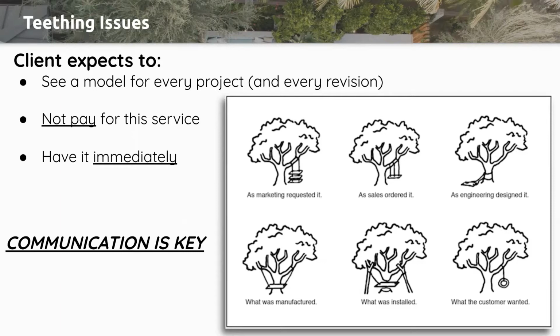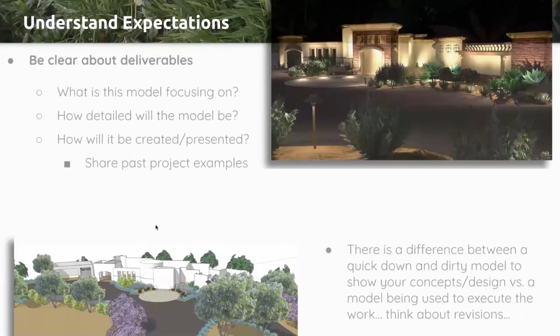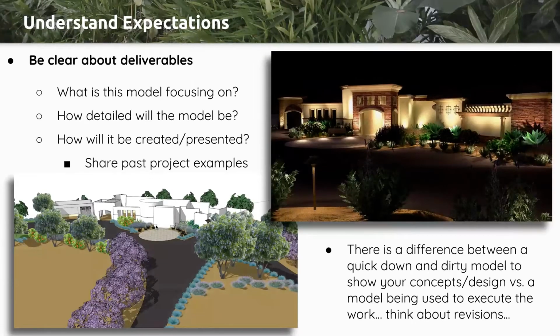It's up to you as the designer to communicate properly and effectively what it is that they should be expecting, which then gets into understanding those expectations. So I think the biggest thing, the weakest link in that communication, is being clear about those deliverables.